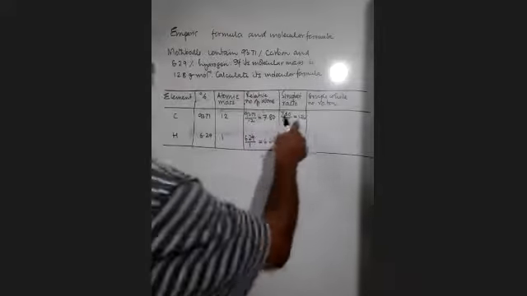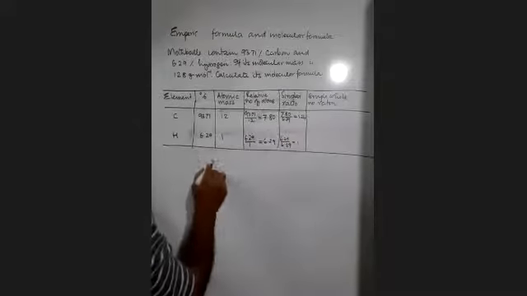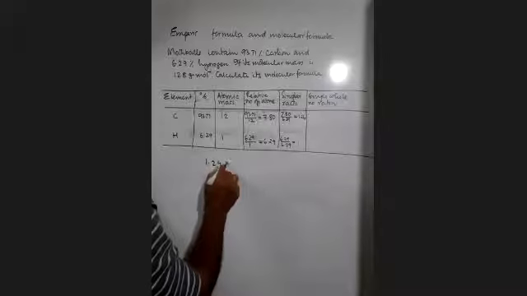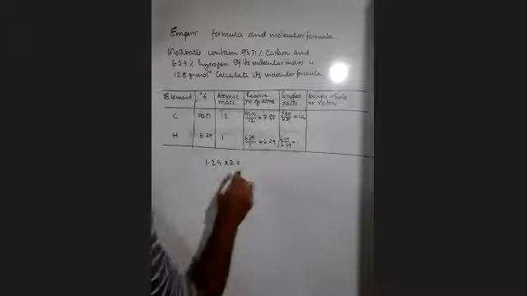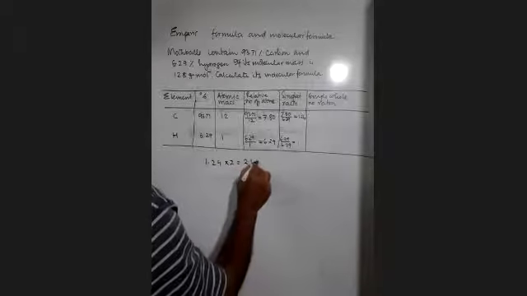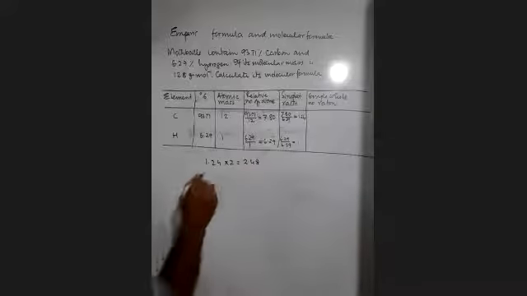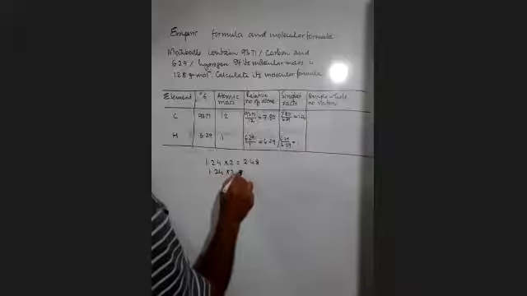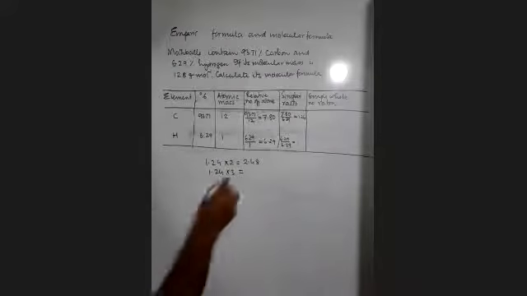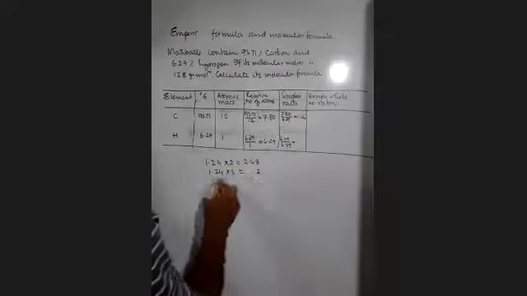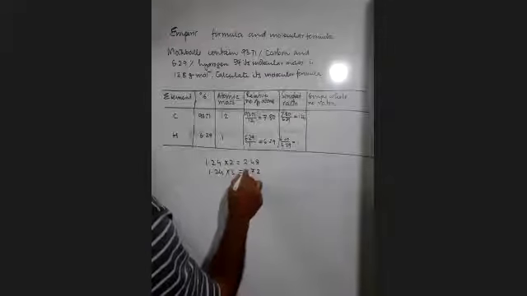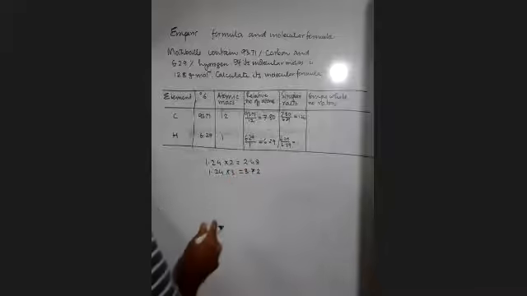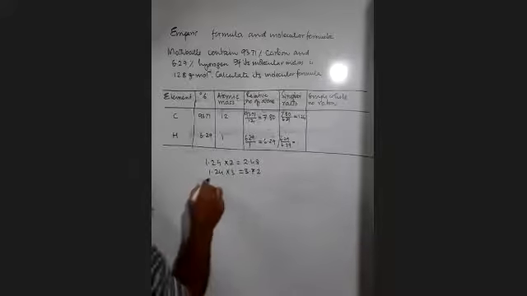If I multiply this one, then it will be a whole number. See, if I multiply 1.24 by 2, what do I get? 2.48. This is by trial and error method. If I multiply by 3, this will be 3 and this will be 3.72, so this is also not a whole number.